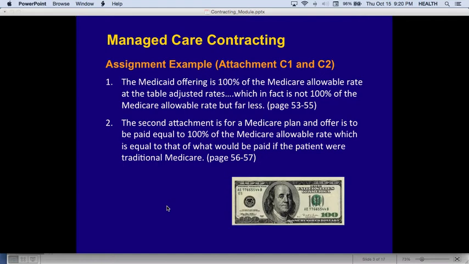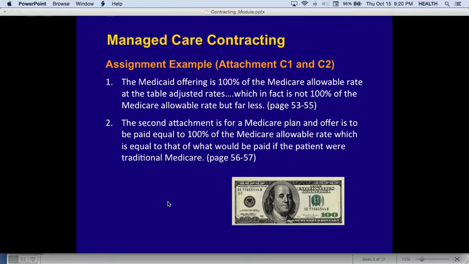Wait, if you look at attachment C1 in the agreement in our exercise, they're going to pay you 100% of Medicare at the adjusted rate, which in fact is not 100% of the Medicare allowable rate, but something far less than that. And you're going to say, well, first read, it sounded really good, but if you actually pull up attachment C1, you're going to realize that, yeah, no, it's really not. It's like 75% of the 100% because they have this table adjusted rate.